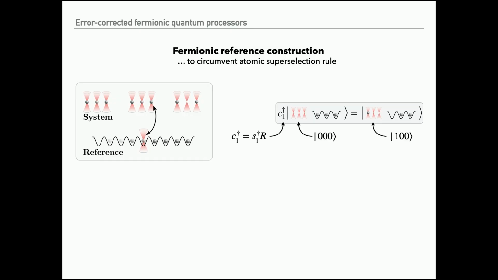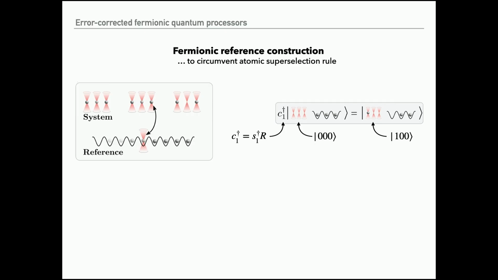One way you can do that, and here I'm sketching these kinds of states, is to suppose you have this reference system fully occupied and your tweezer system empty. You want to create a mode. I don't just create it, but actually take it from the reference system and bring it into the tweezer.